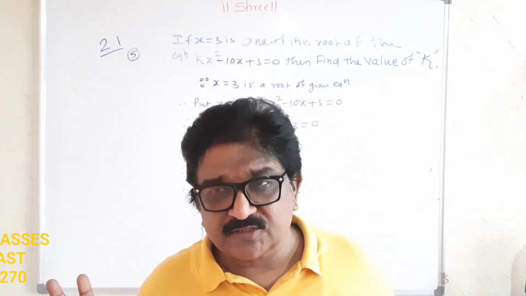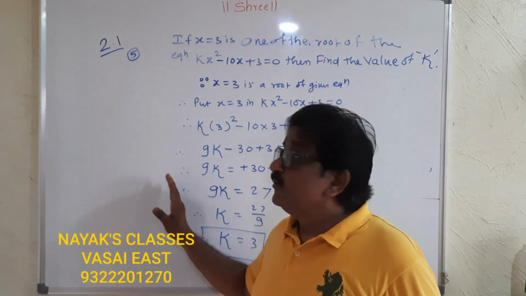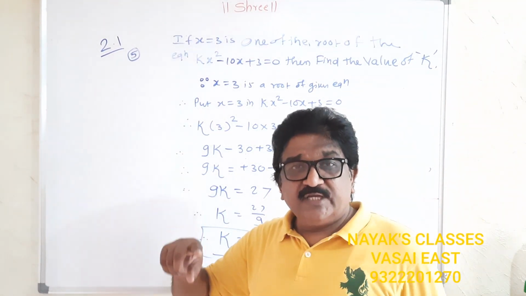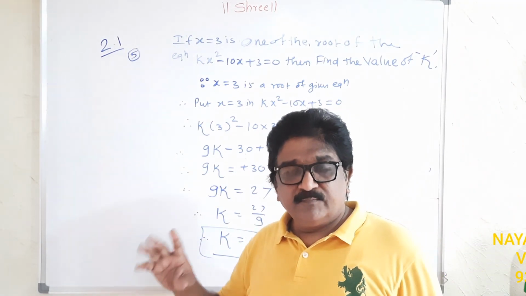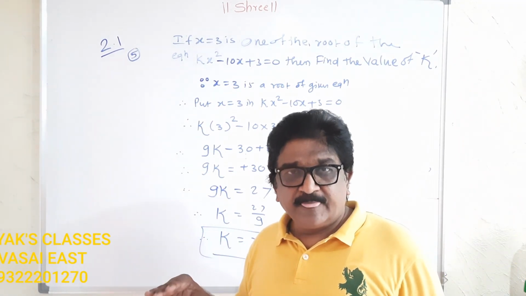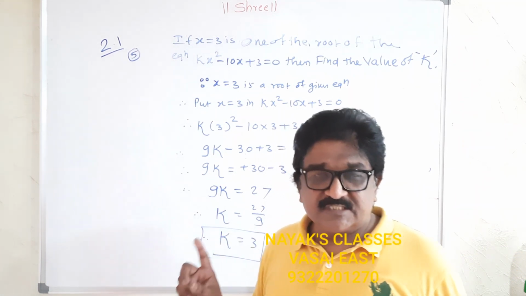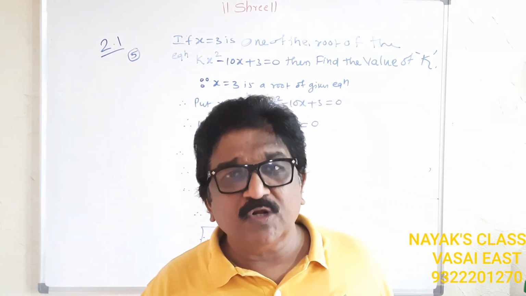You can score marks very nicely. So this is the fifth example of 2.1. The sixth is the same one, but in fill in the blank type. So you try it. The sixth example is homework for you.